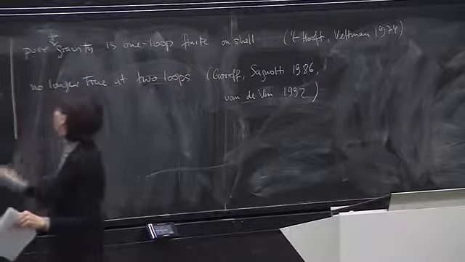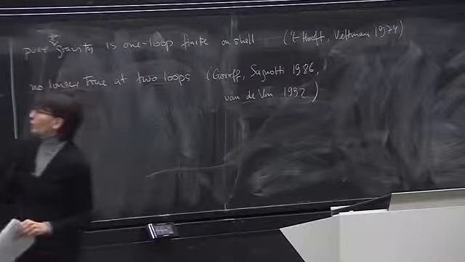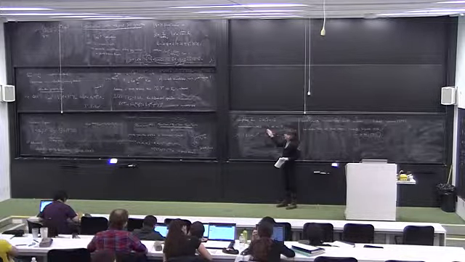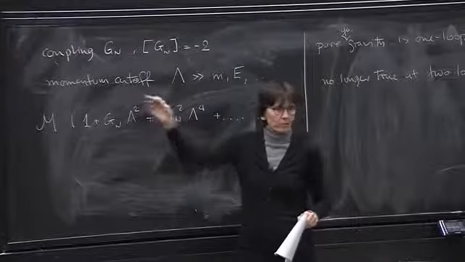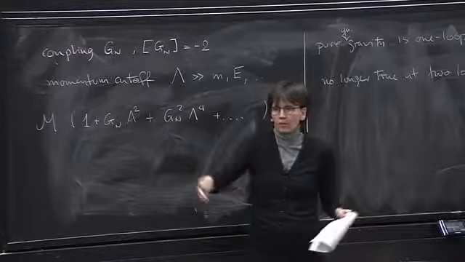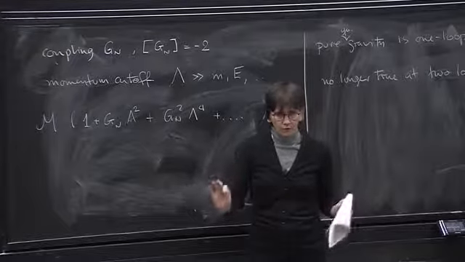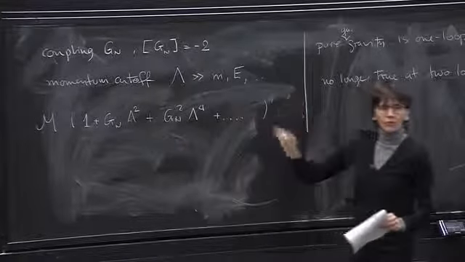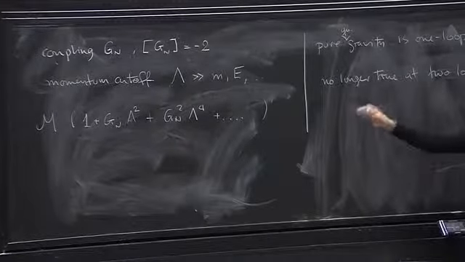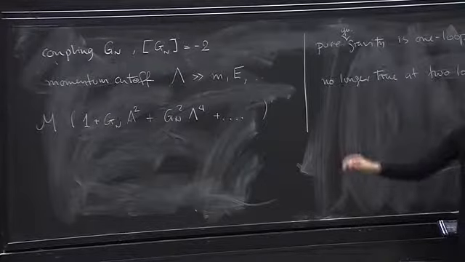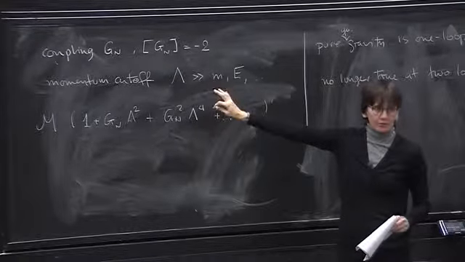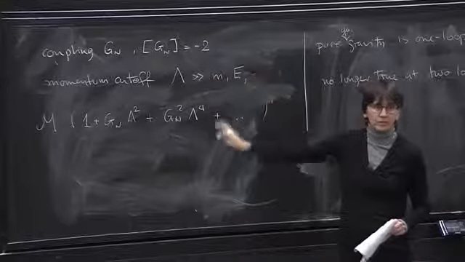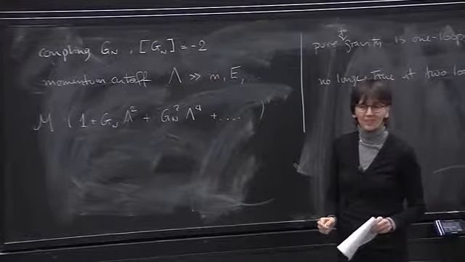If you're content with working for a lower range of energies up to some lambda, where the perturbation series to some order is a good approximation, that's fine. But if you're interested in a series that should be valid at arbitrarily high energy scales, including, of course, the Planck scale, where this wildly diverges, then this is not good enough. And one has to think of something else. But we're not going to do this today, but starting next week.